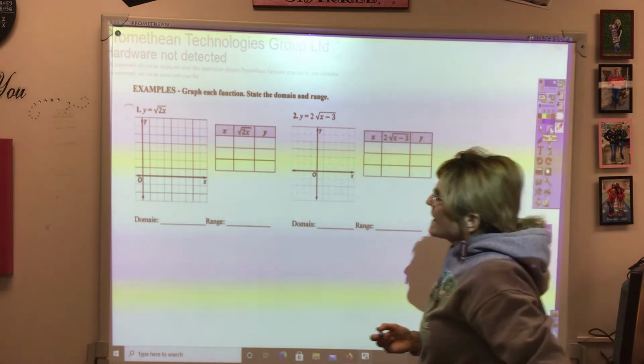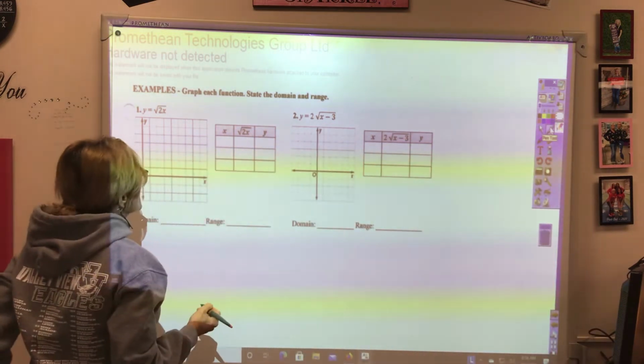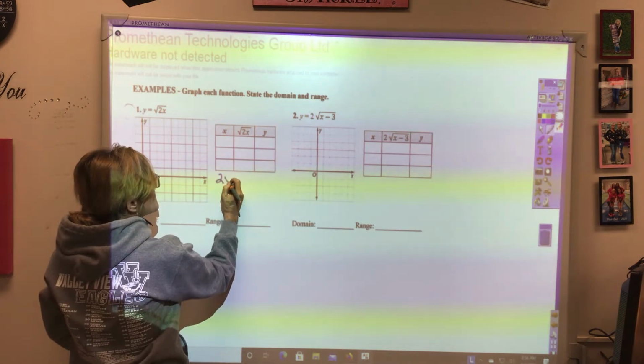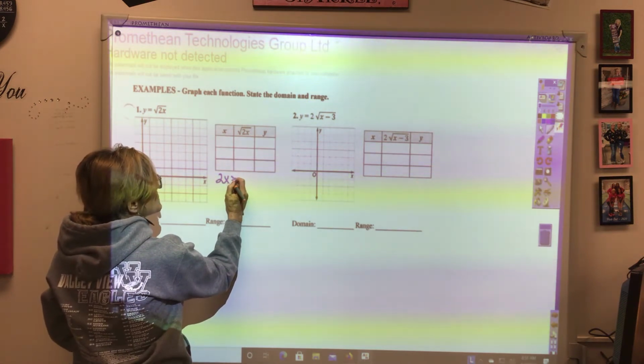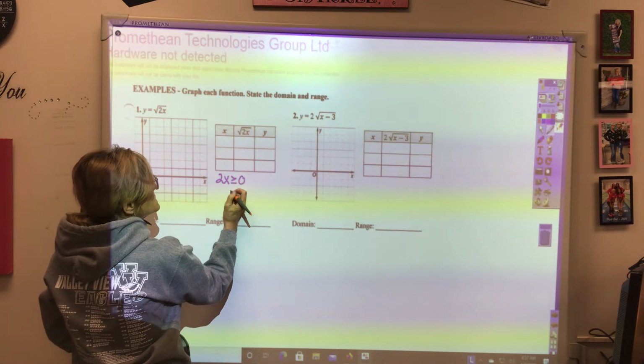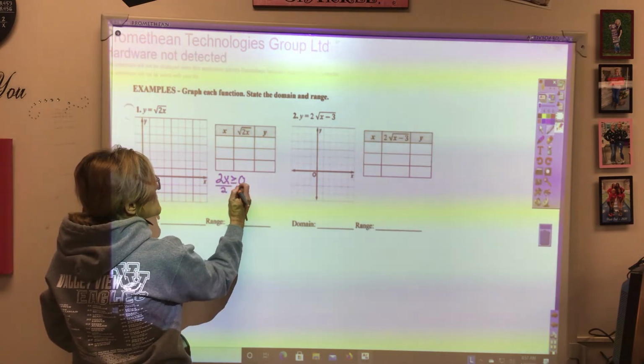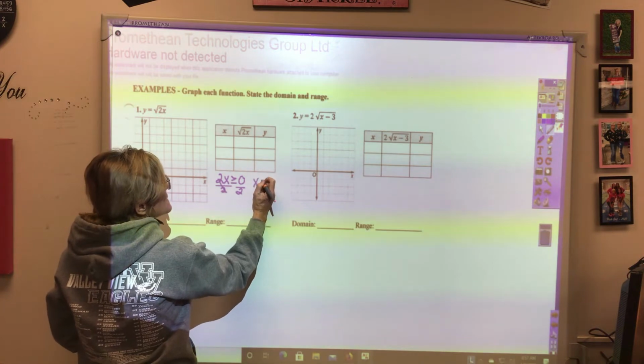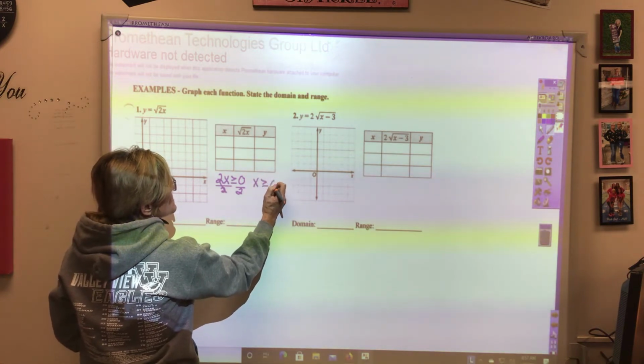To find our domain, which will be our first step, we're going to take the radicand, which is 2x, and set that greater than or equal to 0. So we divide by 2, and that would tell us that x is greater than or equal to 0.